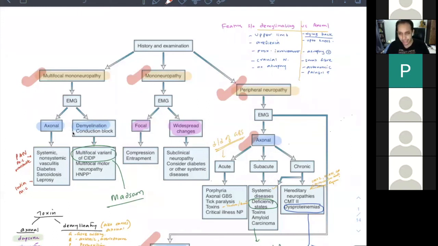So this is theoretical. So you can remember this, of course, if you are interested. But more important is the initial part. Is it a mononeuropathy, multifocal mononeuropathy, or a polyneuropathy? If you can come till there and axonal versus demyelinating, then that is more than enough. All right, everybody got it?